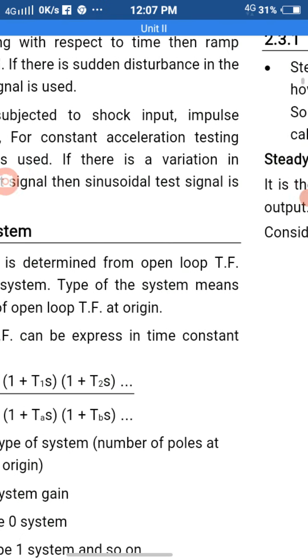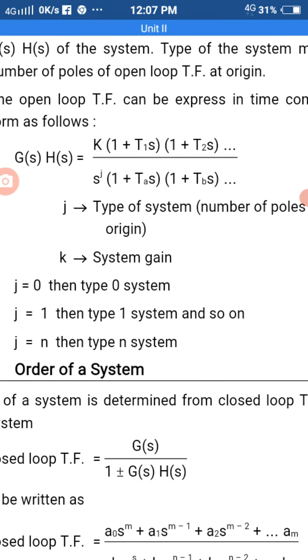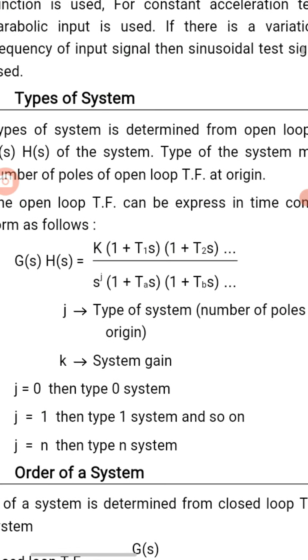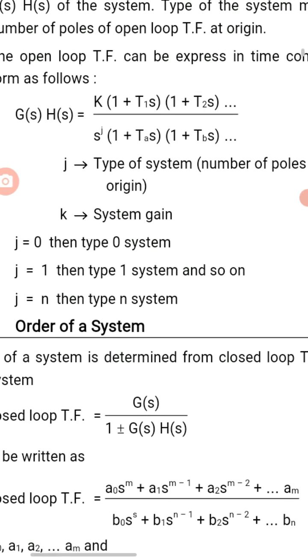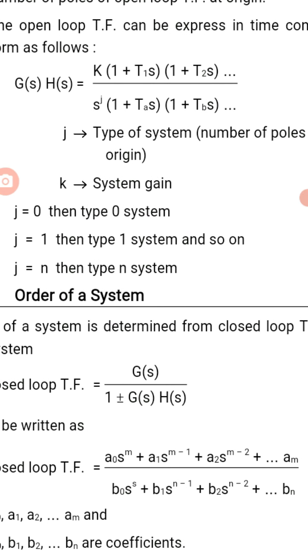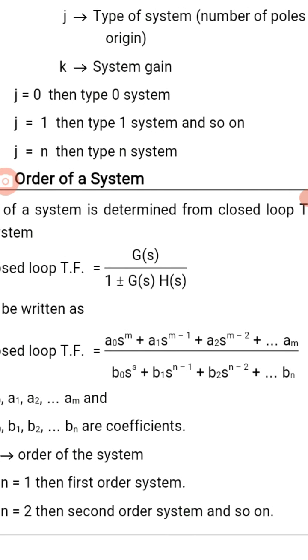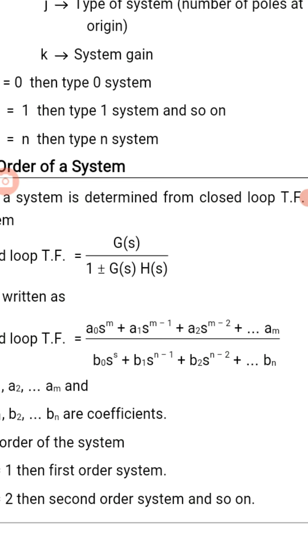Now what is the use of this order of the system? We will first learn order of the system and then we will come back to types of system. If n is equal to 1, 2, 3 like this, then the order of the system will be 1, 2, 3, 4 like this. That means the poles lying on the S plane are considered.